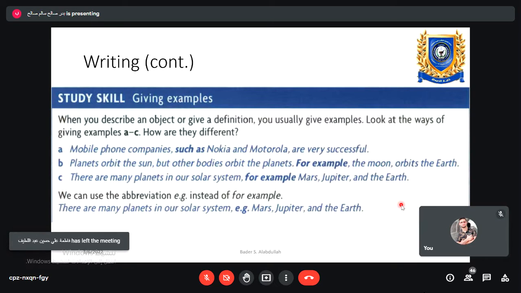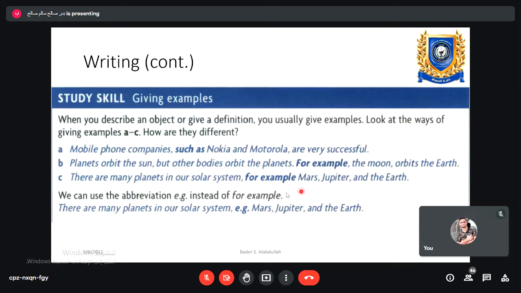The third method, or method C: there are many planets in our solar system, comma, for example, Mars, Jupiter, and the Earth. We used, for example, here to introduce examples, to add information to the sentence.